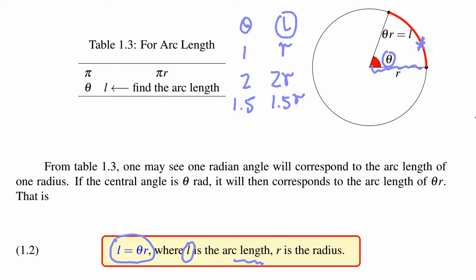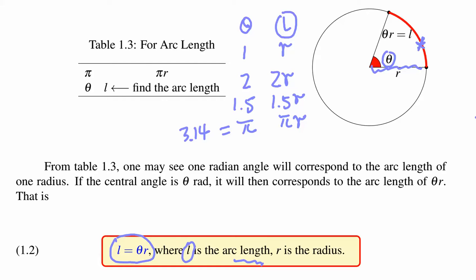So of course, if the angle is pi radians, then here will be pi r. It follows the same pattern. Pi is approximately 3.14.